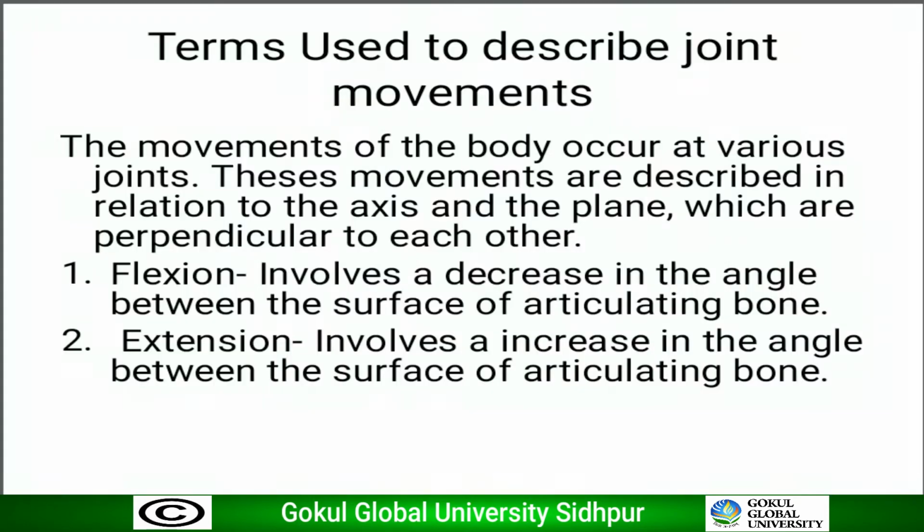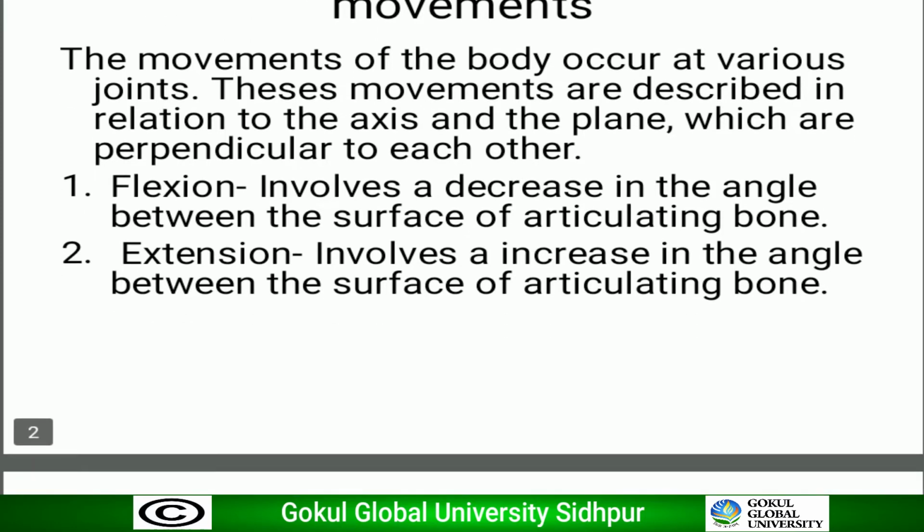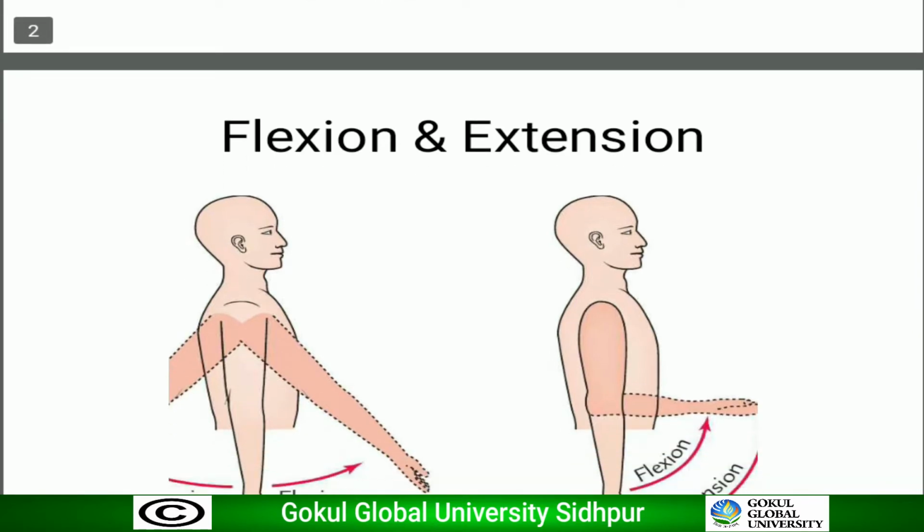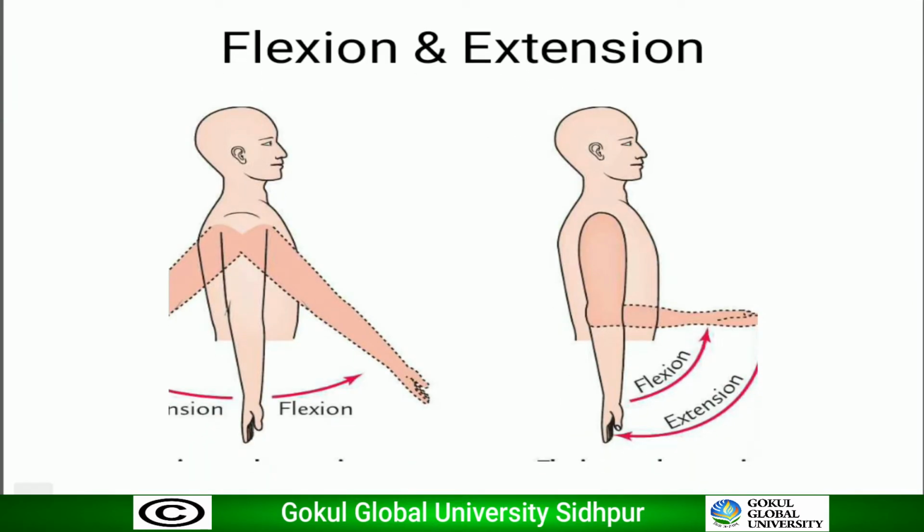The movements of the body occur at various joints. These movements are described in relation to axis and plane, which are perpendicular to each other. Flexion and extension. In flexion, there is a decrease in the angle between two articulating bones, and extension is increasing the angle between two articulating bones.